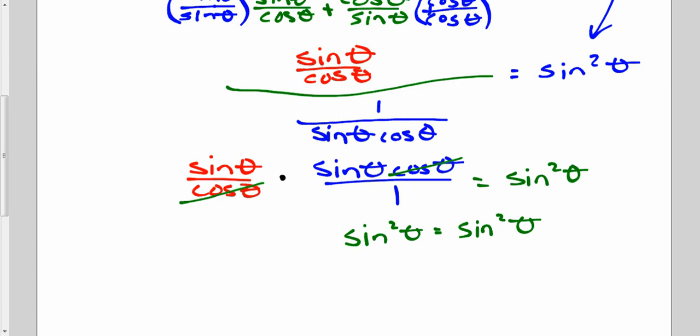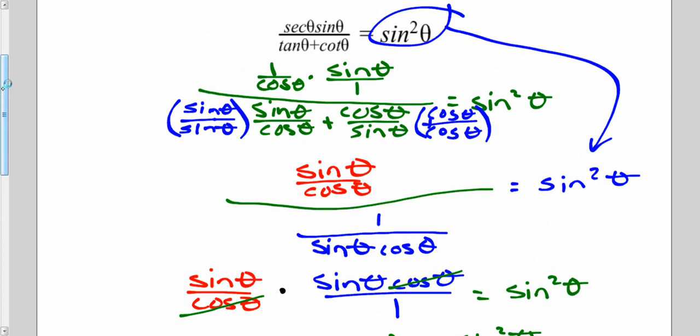I knew my first step was, okay, I can't make sense of this. I can't see any greater logic behind this. I don't have that magic key. So let me just do something that I know how to do. So I applied my reciprocal identities and my quotient identities. And that got me started.